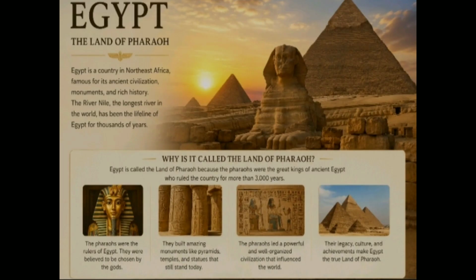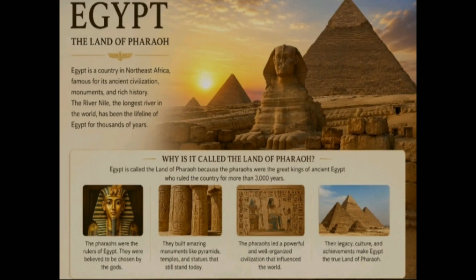Egypt is often called the land of Pharaoh. The Pharaohs were the kings and the rulers of ancient Egypt. They governed the country for thousands of years and were respected as powerful leaders.